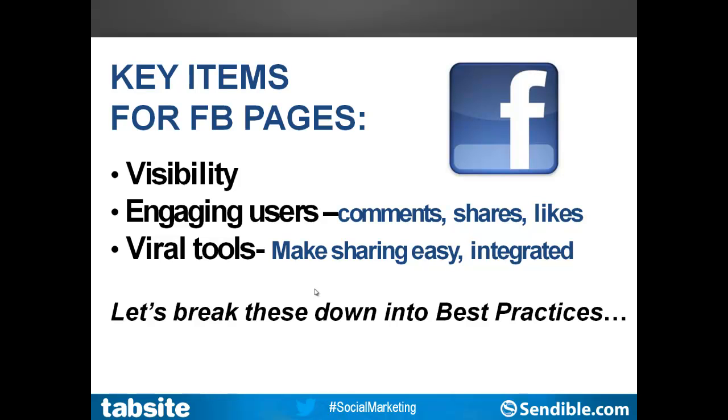because the second step is related to the first one, engaging users. So they can't engage if they haven't seen your information, right? So engaging becomes very important, because that's how things are spread out further. If someone comments, then their friends, their network can see that. If someone shares, obviously that's going to their audience.